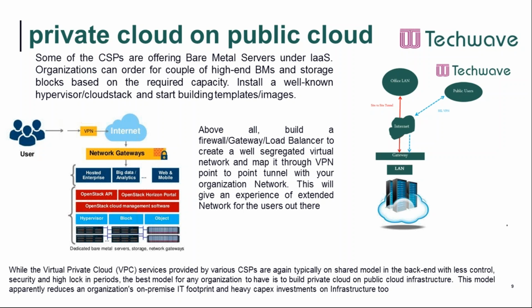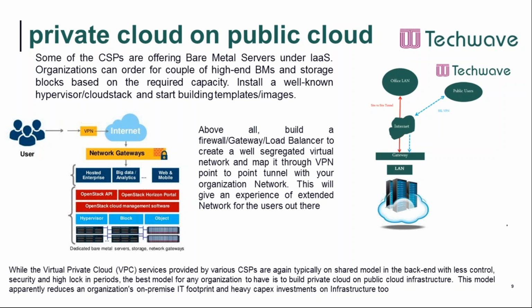So that is the connectivity I'm talking about. Now, going back, the figure in slide number 9, where you can see dedicated bare metal servers with a hypervisor and OpenStack installed on top of it, and you can run your hosted stuff.